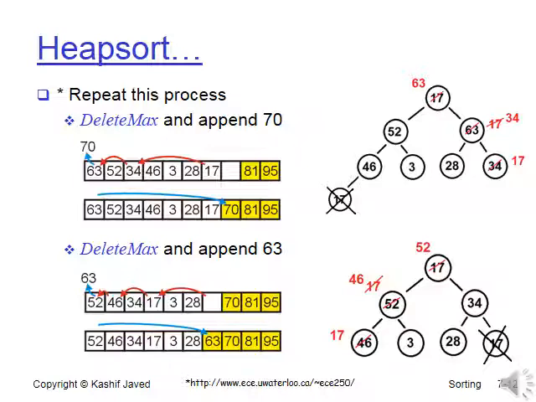Now 17 once at the root node will get swapped by number 52 since 52 is larger than 34. Number 17 once again will be swapped by 46 since 46 is larger than 3.